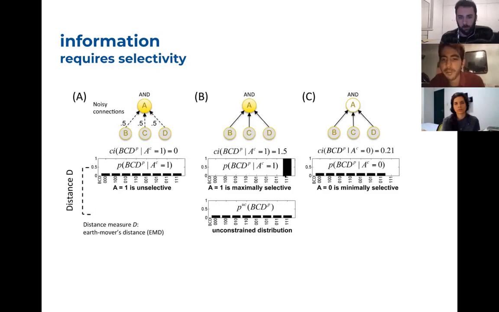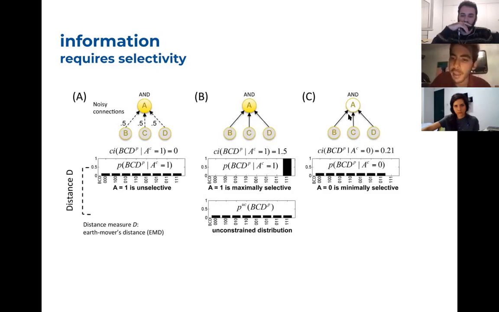And if you measure the difference, there's a big difference between this super selective state. The state can fully specify what the past state of 3 neurons were, because it's firing, and it only fires in that case. So the fact that it's firing gives a lot of information. So this has really high cause information.